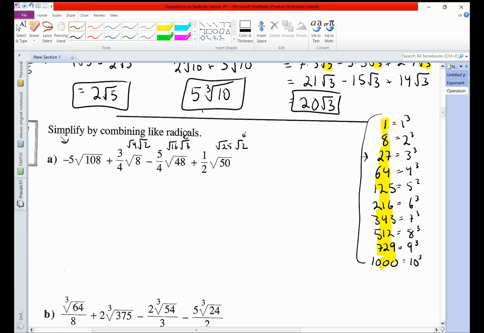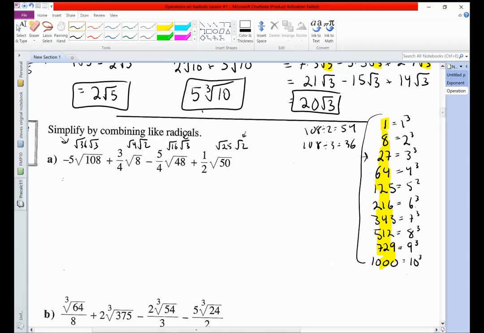108 can be written as, well, 108 divided by 2 gives me 54. That doesn't help. 108 divided by 3 is 36. That's actually a good one, because 36 is a perfect square. So I can write this one as root 36 root 3. So let's rewrite that.